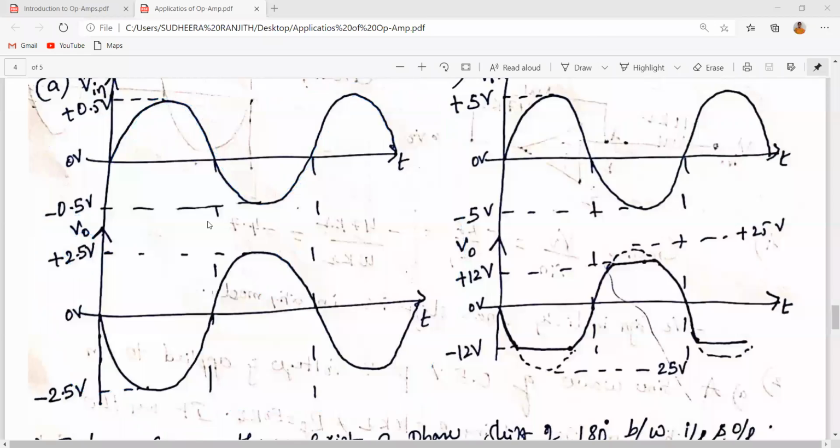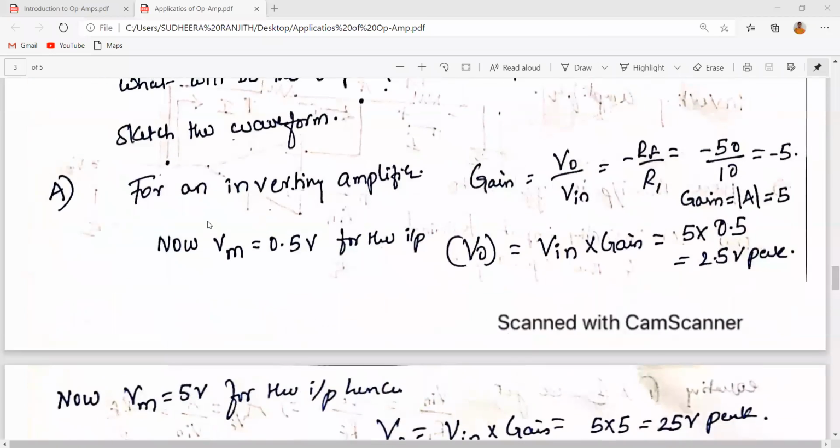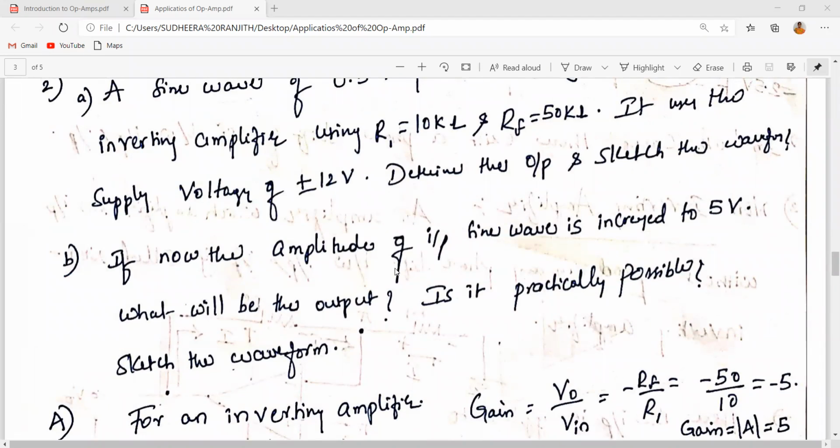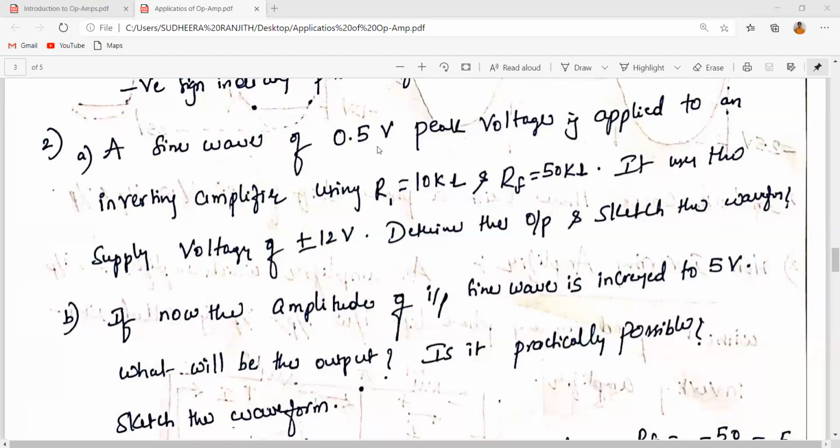Coming to the second question, what is the given data in the second part? Now the amplitude of the input sine wave is increased to 5 volts. That means he has increased the input voltage from 0.5 volts to 5 volts. Then what will be the output?